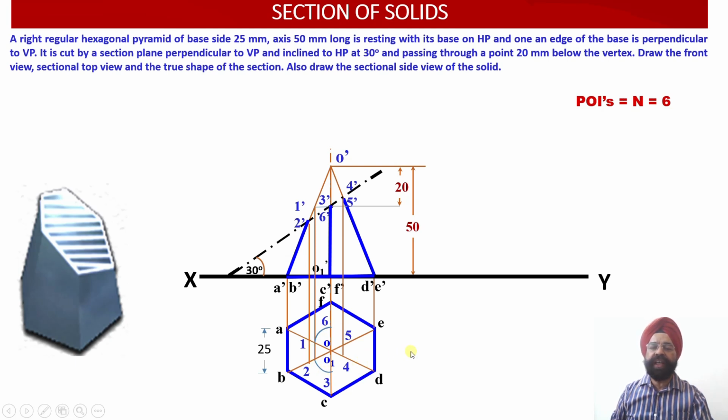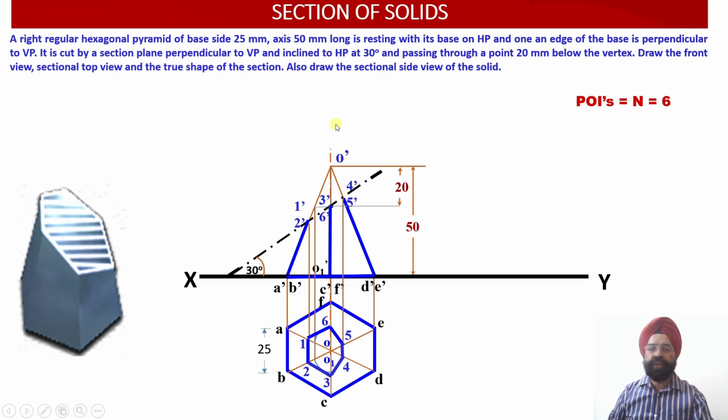Now having located these 6 points, I need to join these 6 points to obtain the edges of the cut section over here. 6 points have been located. Once I join them, I am going to get the generation of the edges of the cut section, and this is the shape of the cut section as it is viewed from the top.